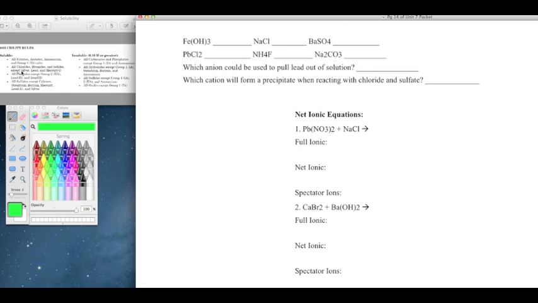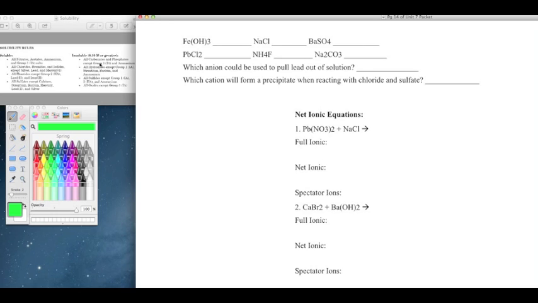Same thing here. All fluorides are going to be insoluble except for group 2 metals. So any group 2 metal that is bound to a fluoride is going to be insoluble. So if you're an exception within the soluble rule, that means you're insoluble.